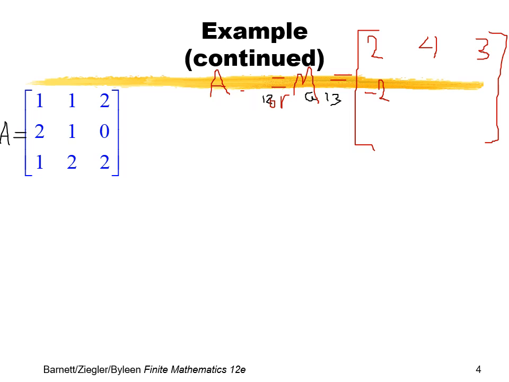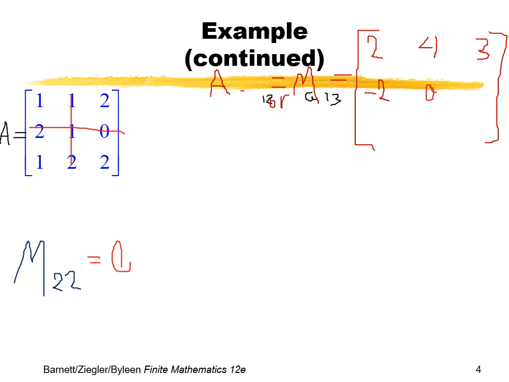We need to calculate the minor M22. We will remove or neglect the second row and second column. So we get 2 minus 2, which equals 0.